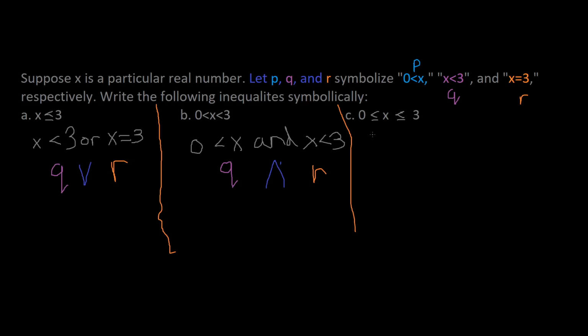So 0 is less than or equal to x. And so what do we see right here? Or what do you think you're seeing right now? And this should be a little different, in case you're confused.